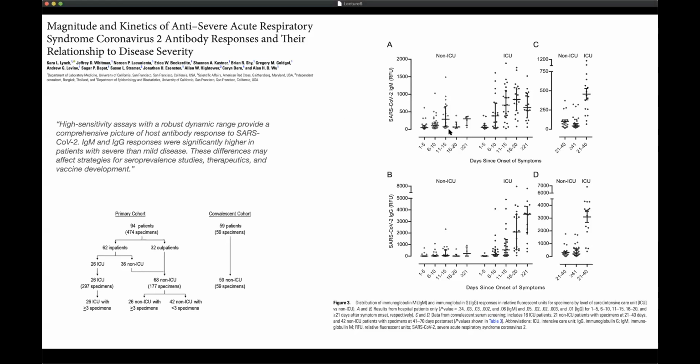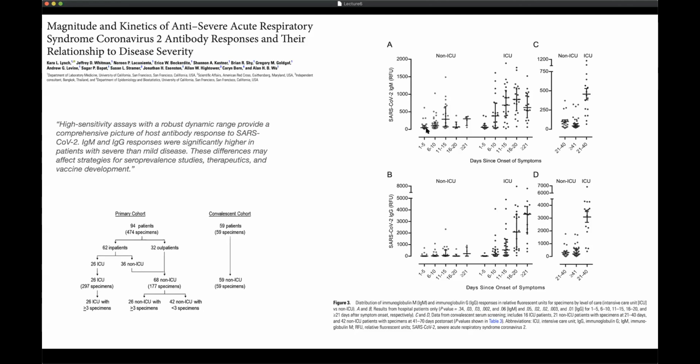The picture that they have here is an interesting dot plot with ranges, which shows you a couple of things. If you look at panel A, this is a quantitative readout of how much IgM, the early immune response, antibody response, there is against SARS-CoV-2 in arbitrary units. What you would basically want to do is look at non-ICU and ICU. So these are two categories, mild versus severe, and then what stage of the infection it is.